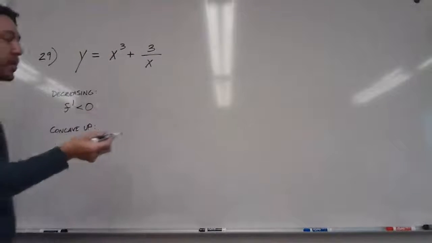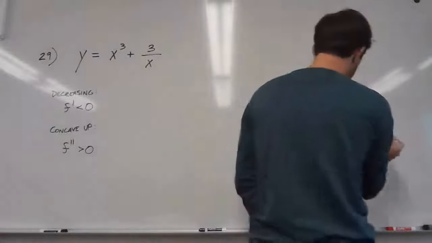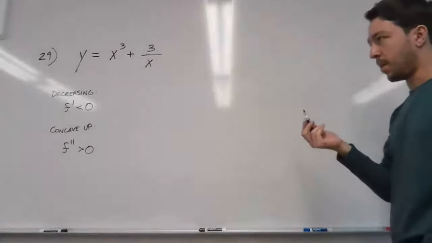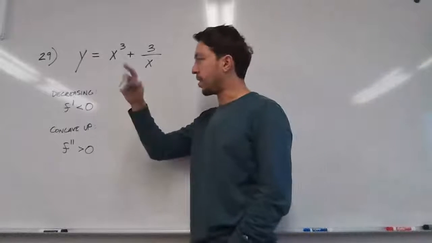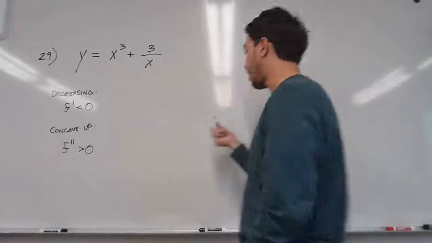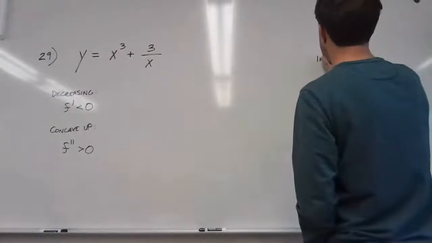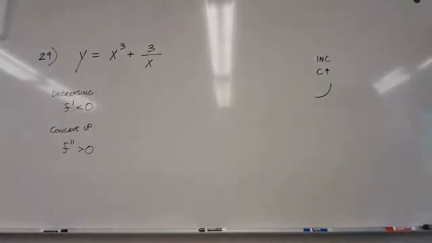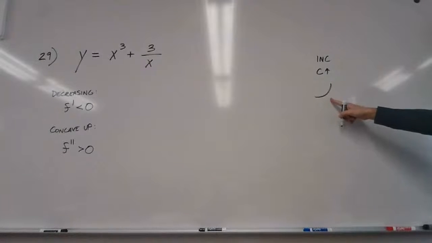positive. So like I talked about yesterday with the noodles, there's 4 types of noodles. If you're focusing on decreasing, increasing, concave up, concave down, a function that is increasing and concave up looks like that. You all see how that's increasing and concave up?